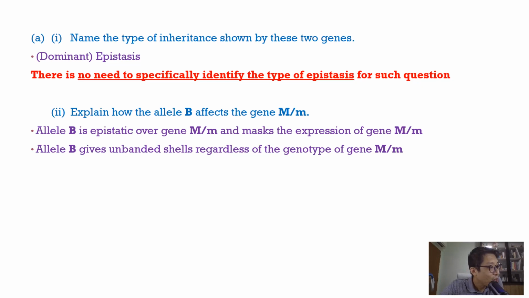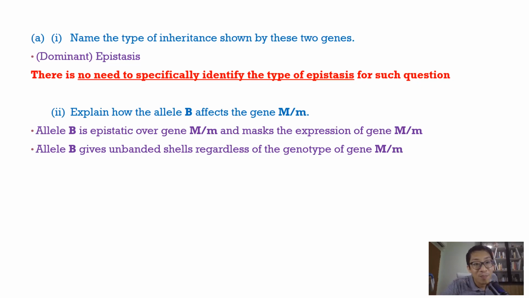So when the shell is unbanded, regardless of the genotype of gene M, it will be unbanded. There's no banding pattern per se when there are no bands. And so the dominant genotype of gene B masks the expression of gene M. Because it's the dominant genotype of gene B that masks gene M, it's dominant epistasis, going back to part 1.